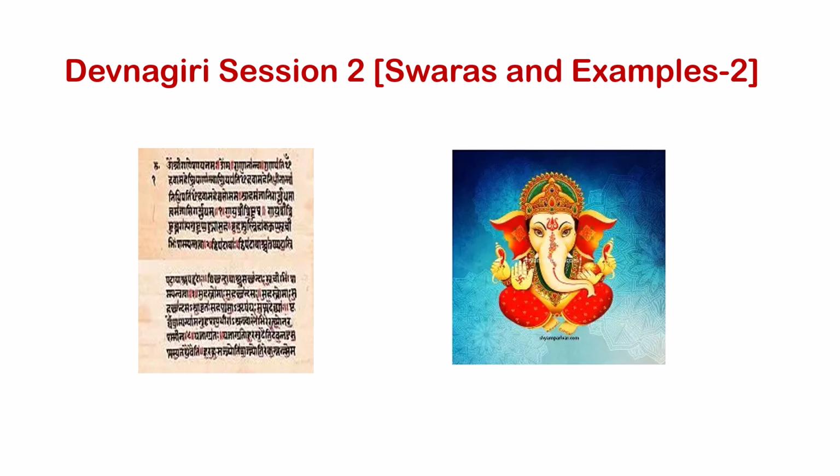I is a combination of A plus E, but here the only difference is this dirgha E. So you see rasva and dirgha also make a major difference.